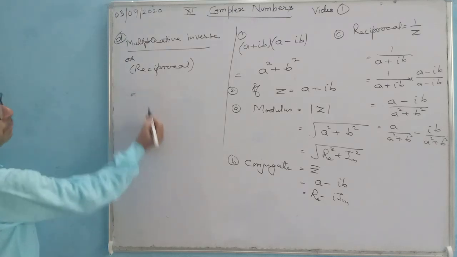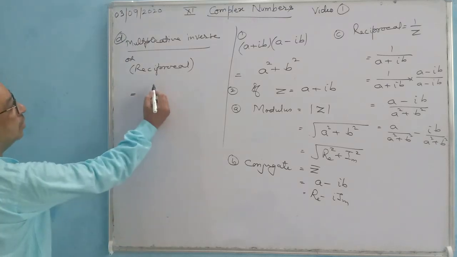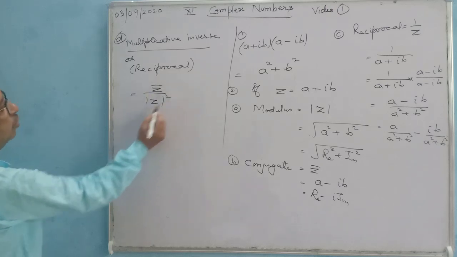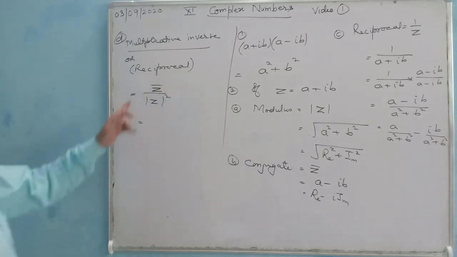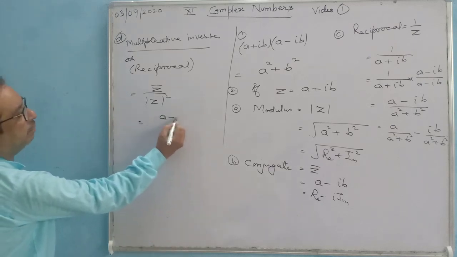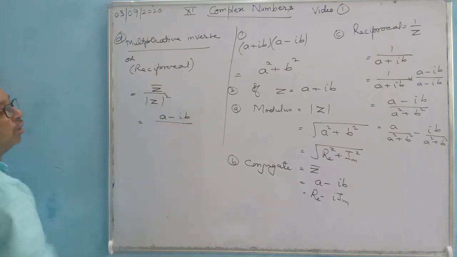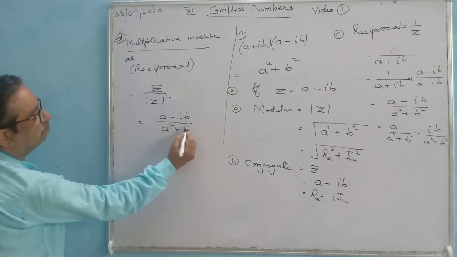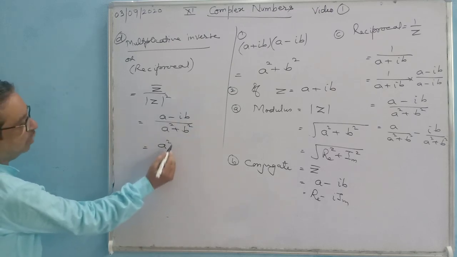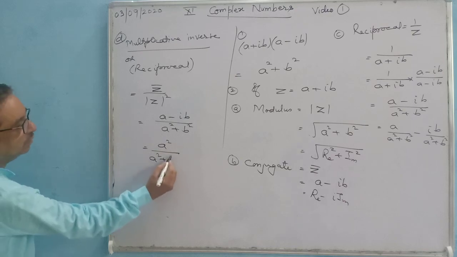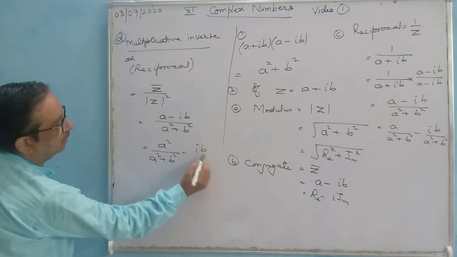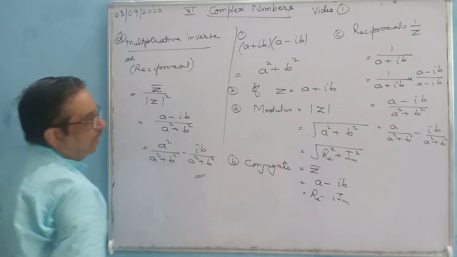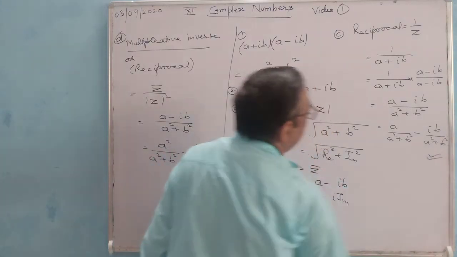The answer for the multiplicative inverse is the conjugate of z over modulus of z whole square. Conjugate of z is a minus ib. Modulus of z whole square means a square plus b square. Separate these out and check. These two are the same. Is it clear?